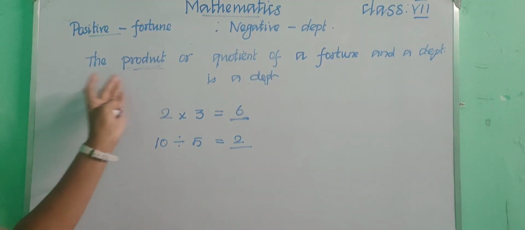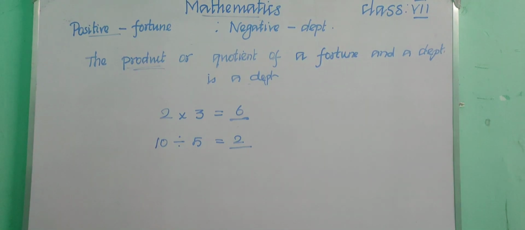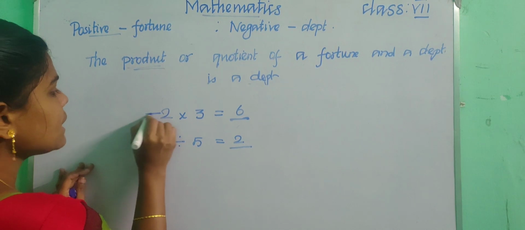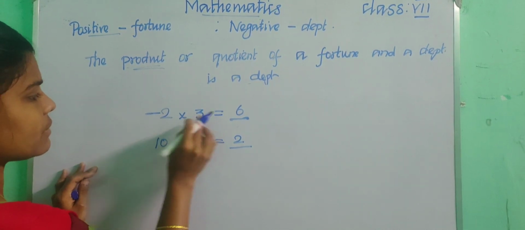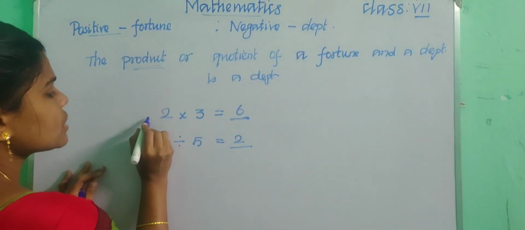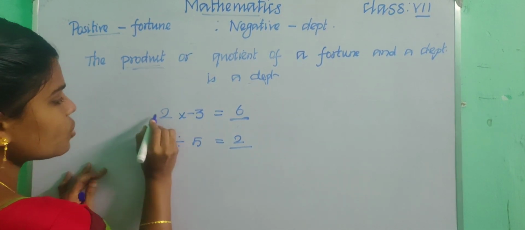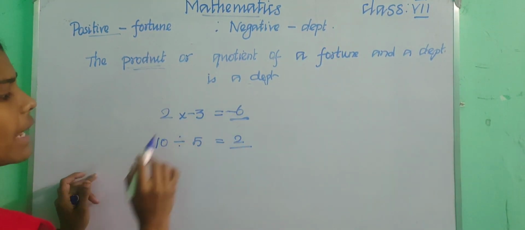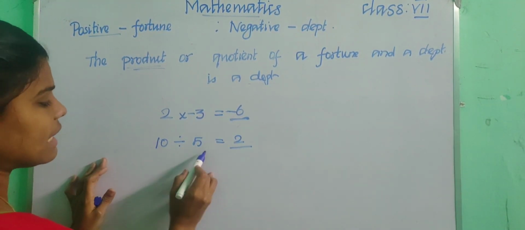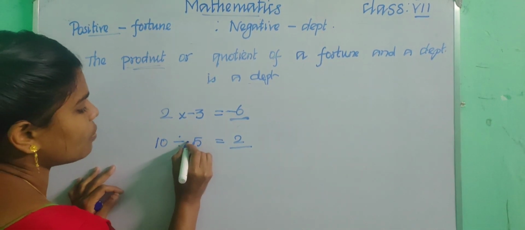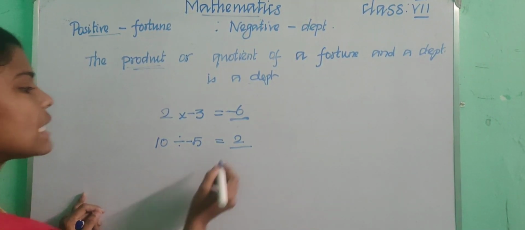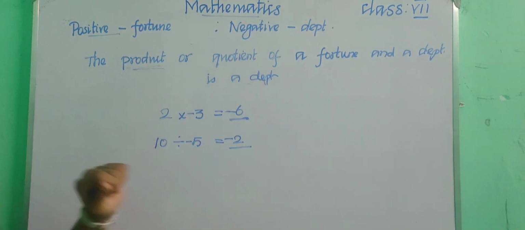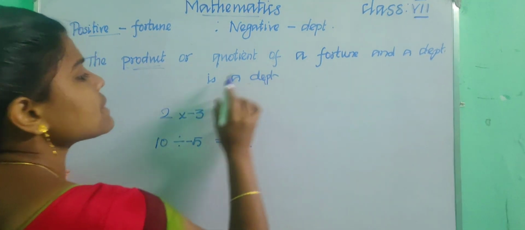So the product or quotient of a fortune and a debt is a debt.